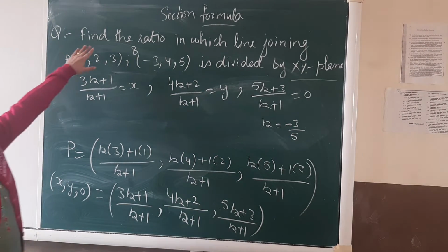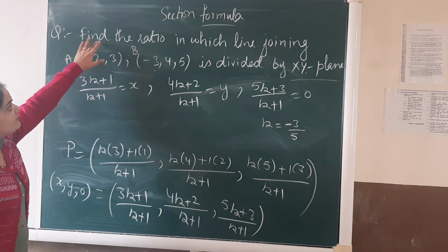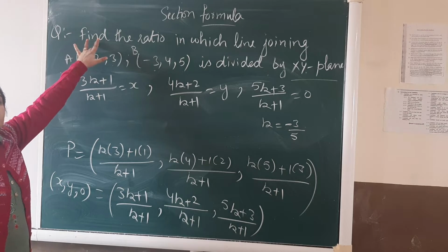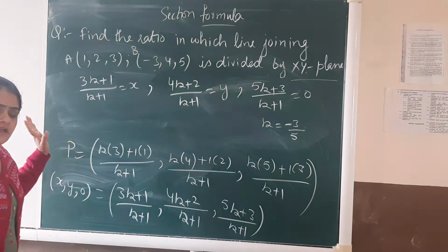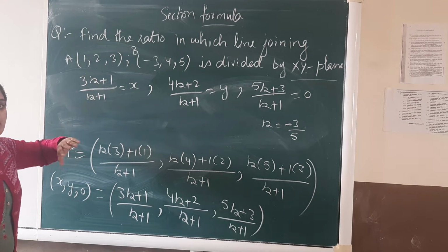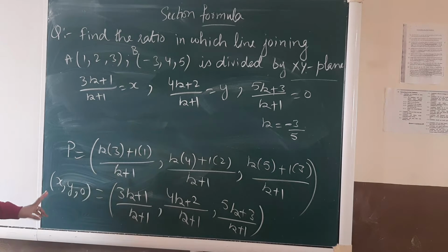So we wanted the ratio. If I am adding one more question here: find the ratio as well as the point which is lying on the xy plane. So I also want to find that point. The point is in the form x, y, 0, so we need the values of x and y as well.